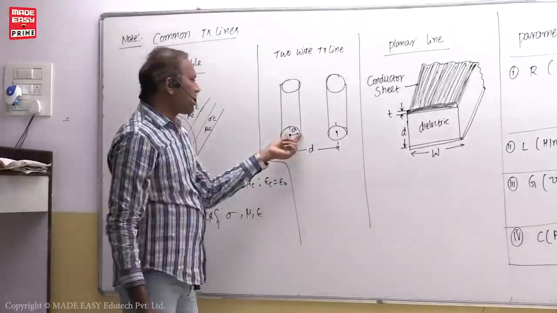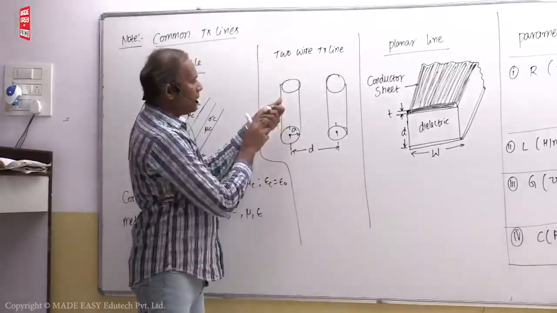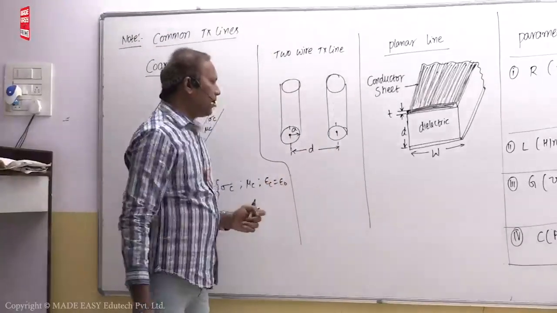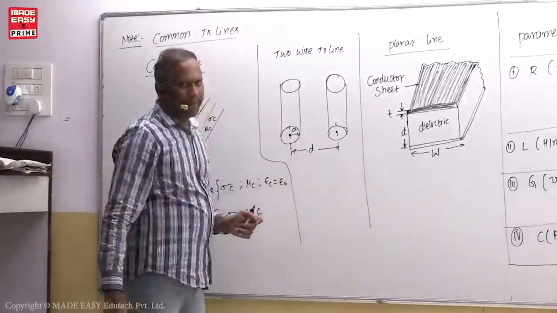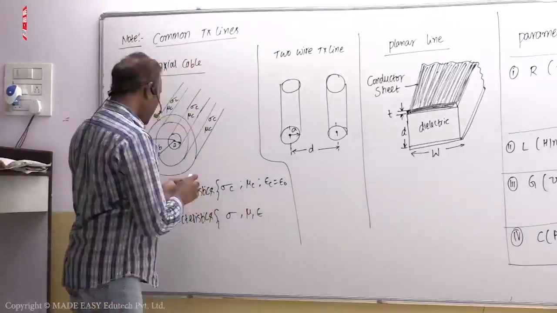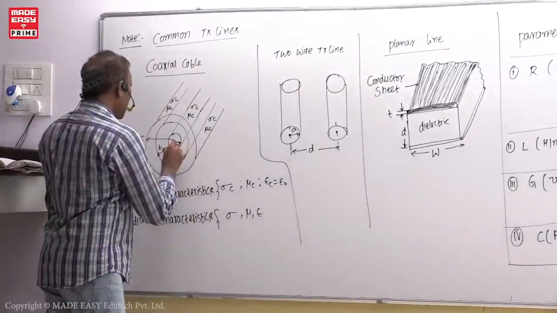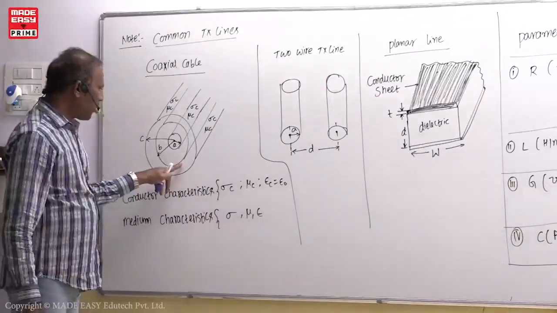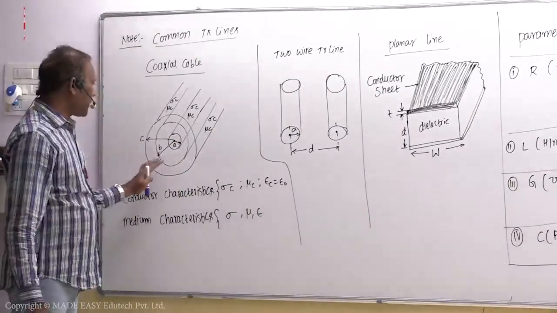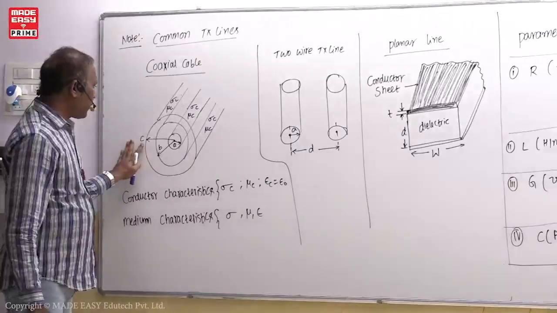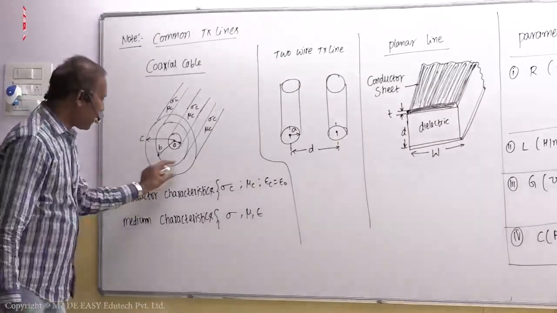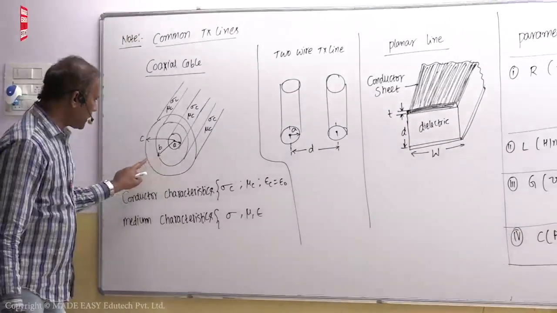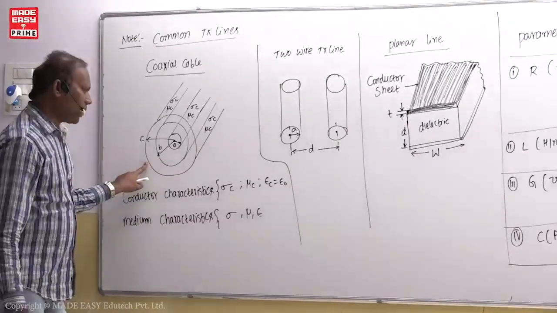Here A is the radius of the conductor and D is the distance between the centers of the conductors. So A is the inner conductor radius, B is the inner radius of the outer conductor, and C is the outer radius of the outer conductor.